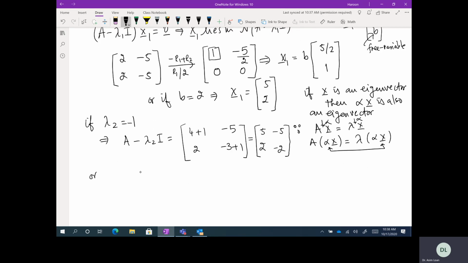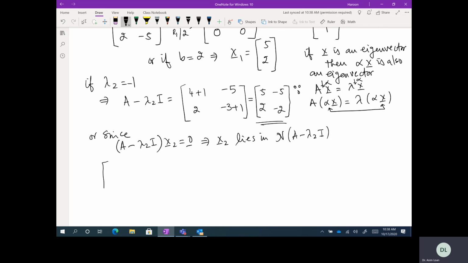Again, I do the reduced row echelon form for this one, since A minus lambda 2 I times x2 equals 0 implies x2 lies in the null space of A minus lambda 2 I. So I want to find the null space of this matrix.